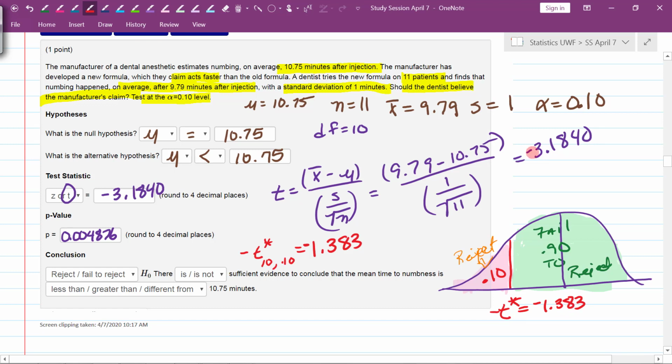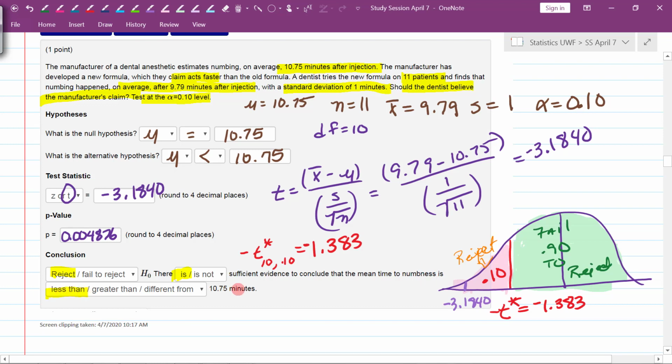My test statistic is way out here, negative 3.1840. So clearly, in this case, also based off of our p-value, we are going to reject because there is sufficient evidence to conclude that the numbness is less than 10.5 minutes.